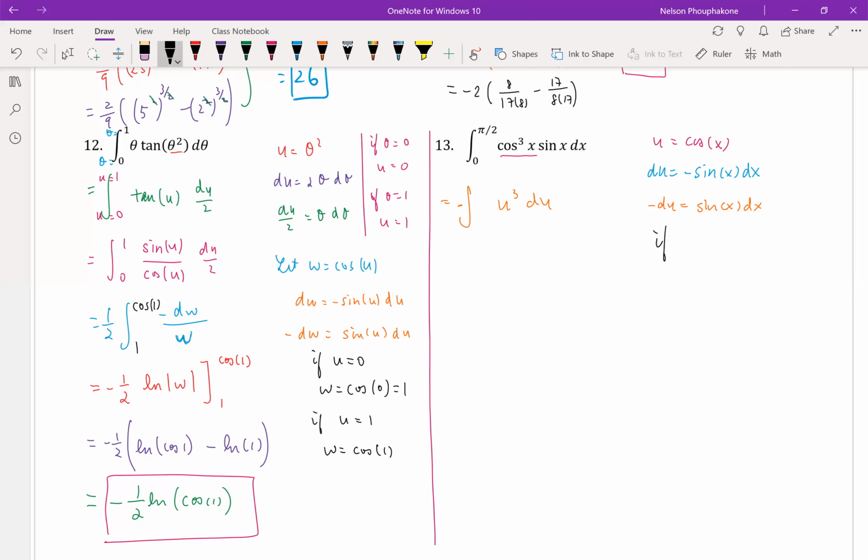If x is equal to 0, then u is cosine of 0, which is 1. If x is equal to pi over 2, then u is cosine of pi over 2, which is 0.